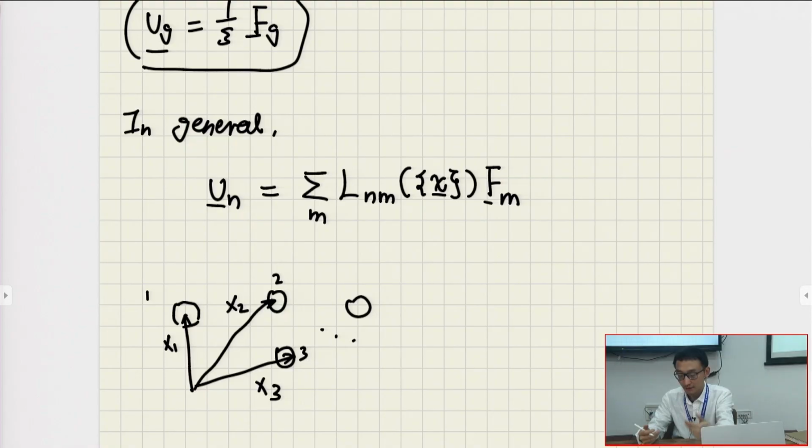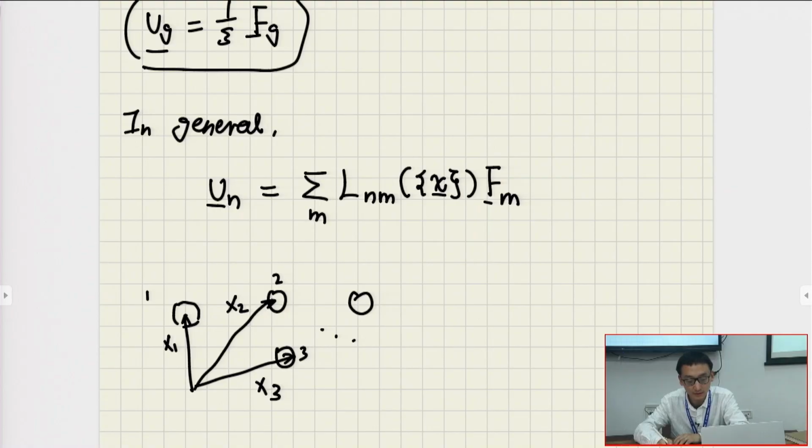If you think about these particles embedded in a fluid environment, and you apply a force on particle n, that causes particle n to move, which generates disturbances in the fluid, which will then affect other particles. That's why we have this sum. When you have a force on particle m, that will induce a velocity on all particles in general.